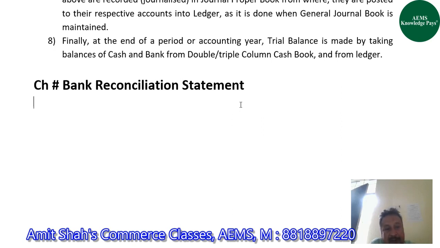So they make payment through bank by issuing a check. They receive payment through bank by collecting a check or any other banking instrument. Am I clear? Besides the transactions a business does through its bank, we also do some transactions with our bank, like we deposit money into bank. It's purely a transaction between us and our bank.